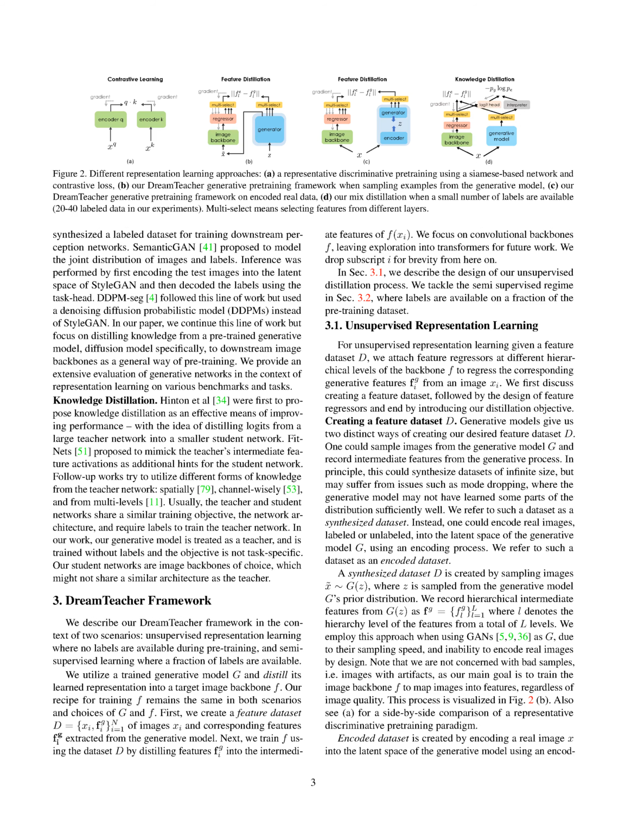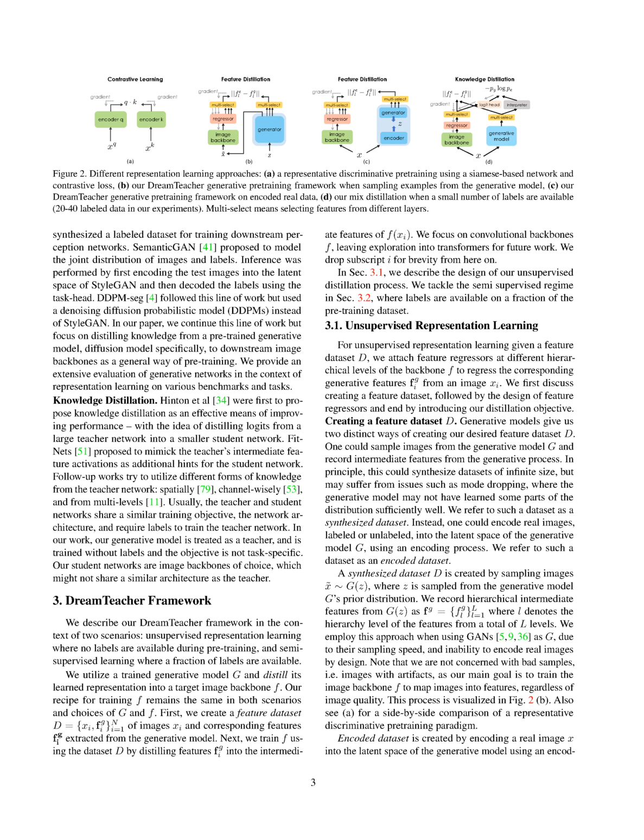Lastly, we'll discuss knowledge distillation. Hinton and his team were the first to propose knowledge distillation as an effective way to improve performance. The idea was to distill logits from a large teacher network into a smaller student network. FitNets proposed to mimic the teacher's intermediate feature activations as additional hints for the student network.